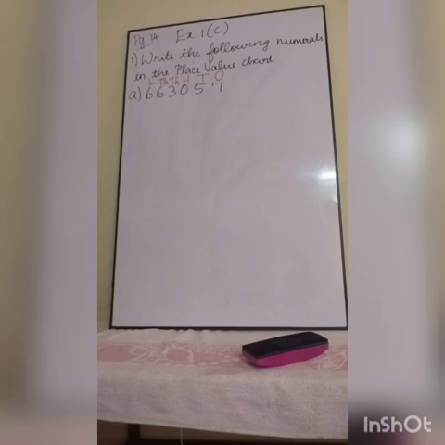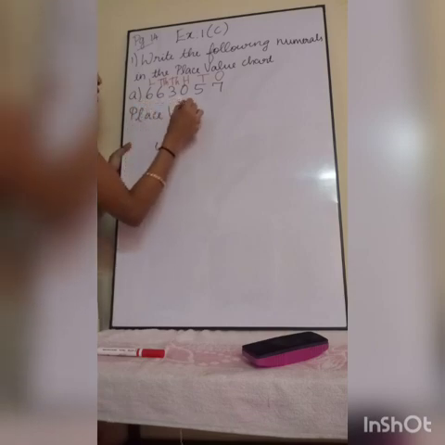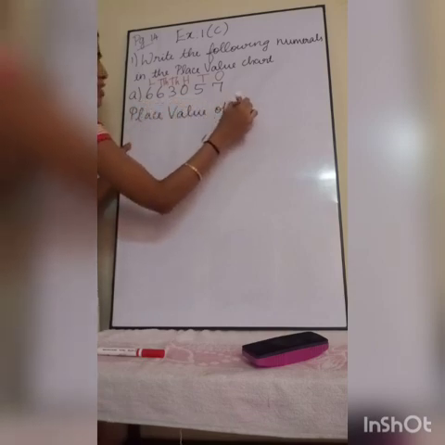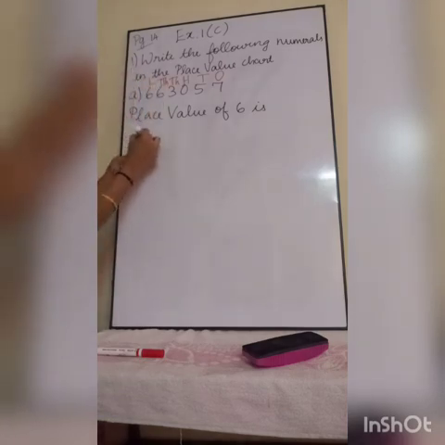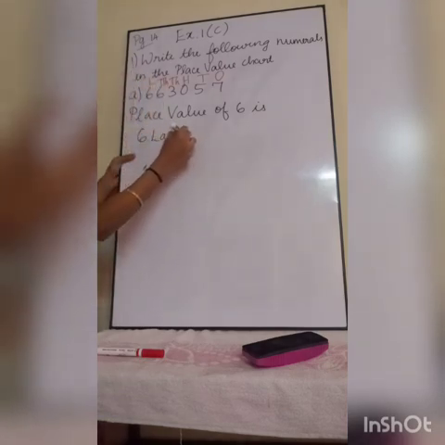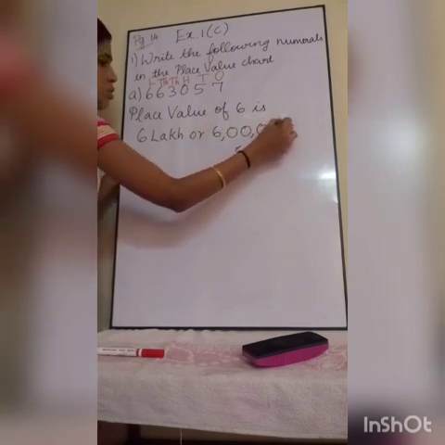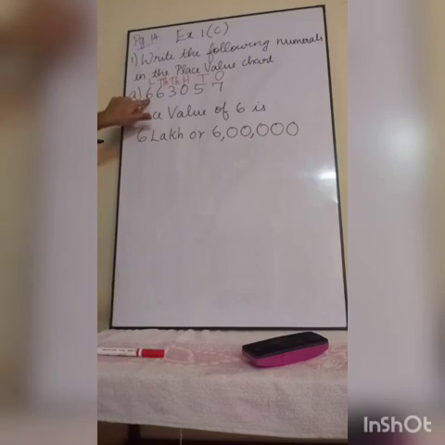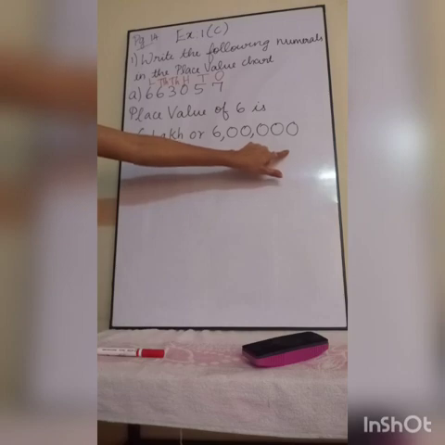Okay, so now I am going to start from here. Place value of 6: what is the place value of 6? It is 6 lakh or 600000. Why? Because of the place. Understood? Did you understand this?